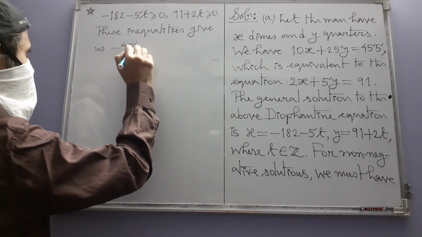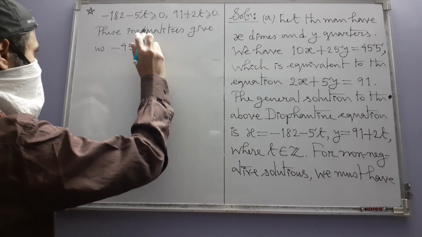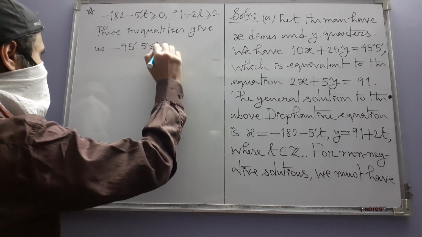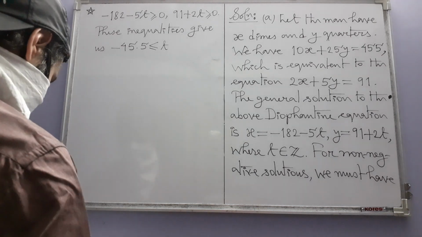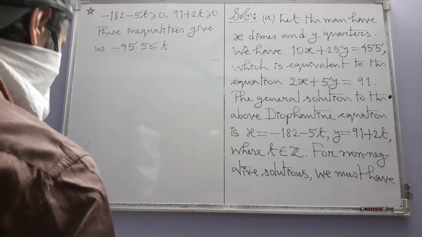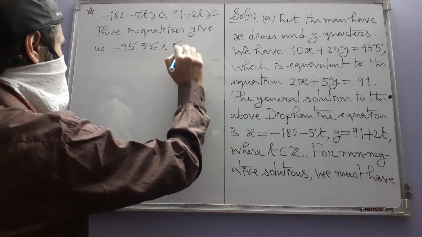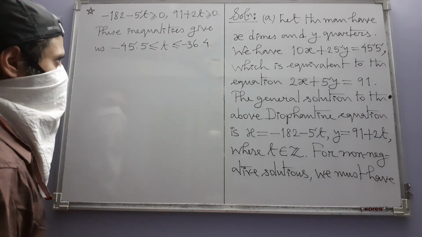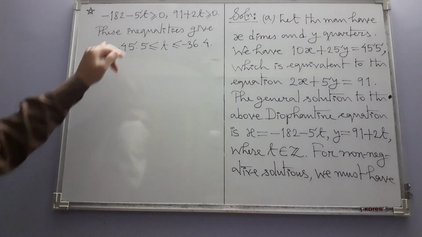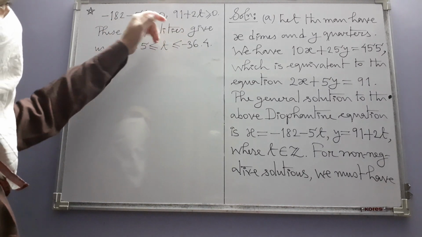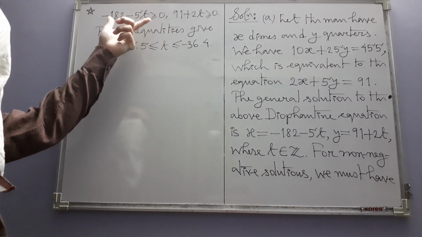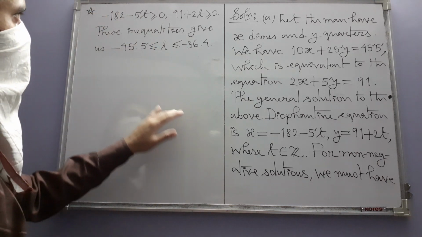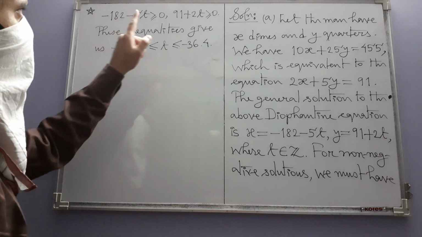minus 45.5 less than or equal to t, and t is less than or equal to minus 36.4. You can see that if you add 5t on both sides of the first inequality, you get minus 182 greater than or equal to 5t.